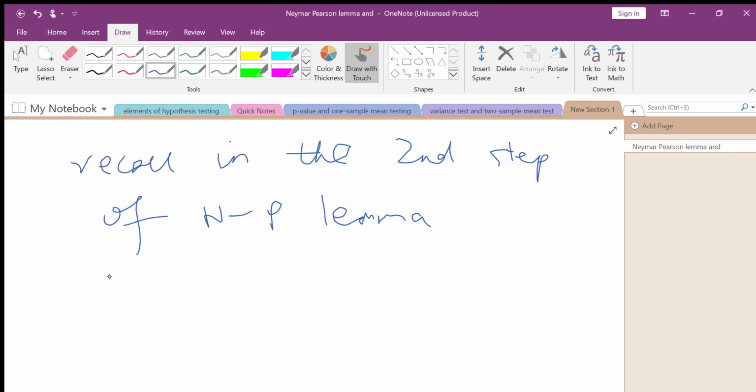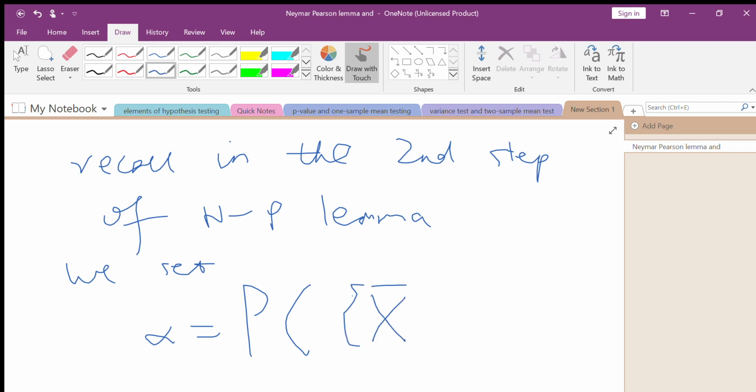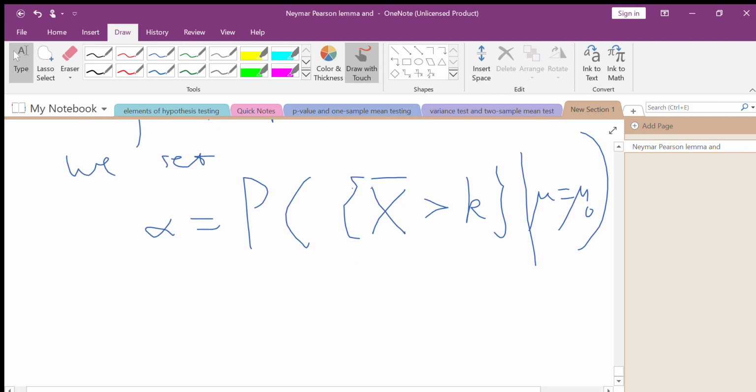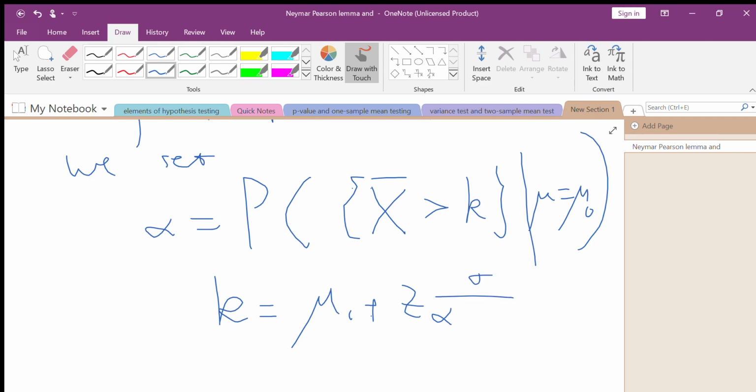We set alpha equal to the probability of capital X bar greater than the k, which needs to be determined, given mu equals mu 0, and we find k. We find k as mu 0 plus z alpha sigma divided by square root of n.